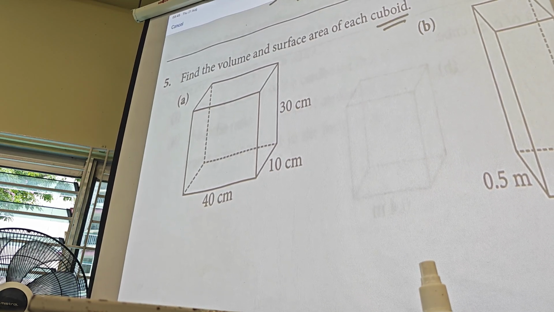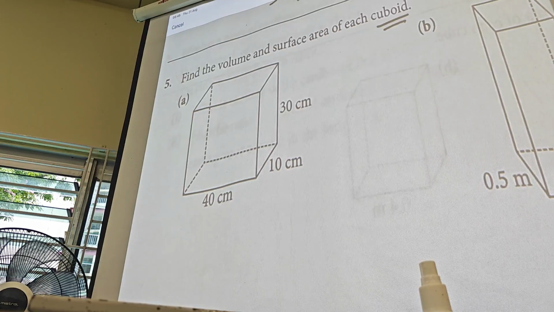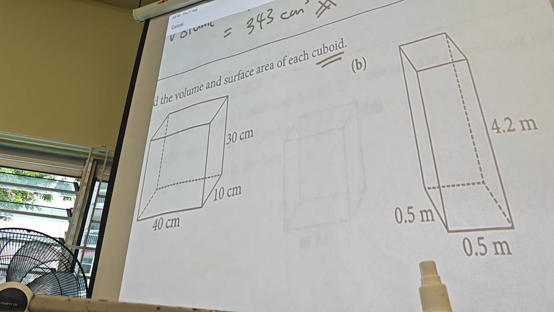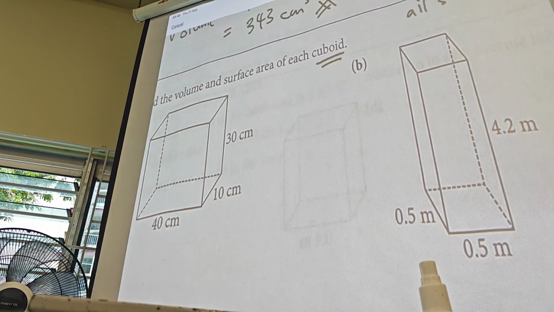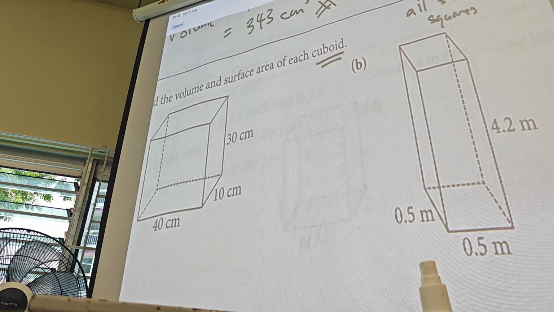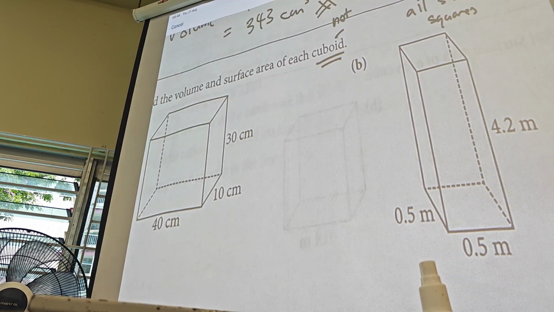That is the only difference. Cube must be all square. Cuboid will be not all square. Cube, all the sides are squares. Cuboid, no need all square.